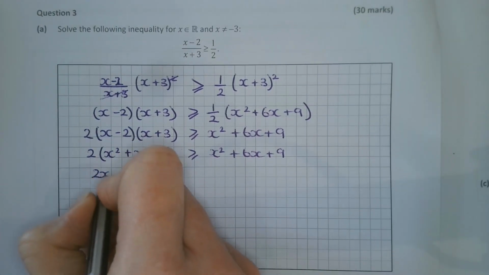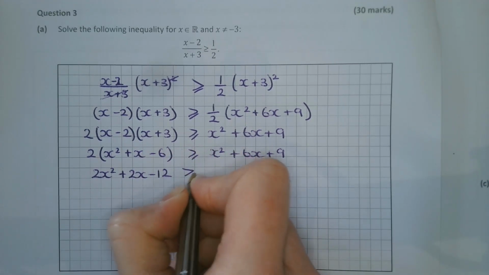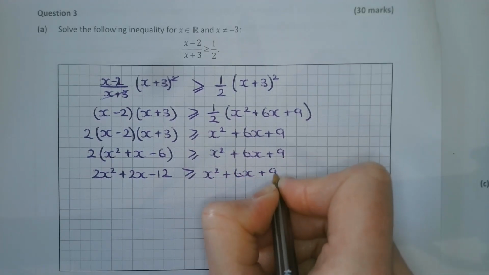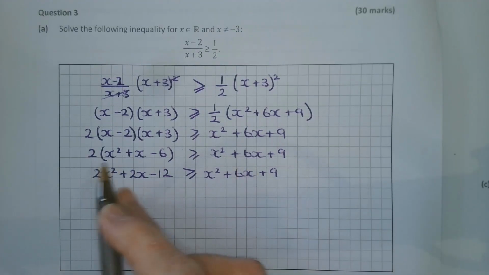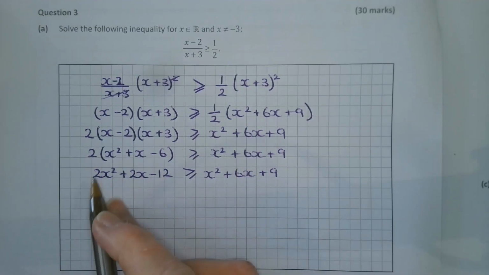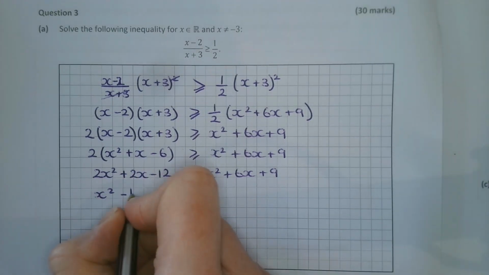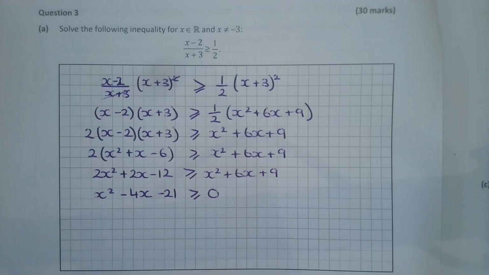And that gives me then 2x squared plus 2x minus 12 greater than or equal to x squared plus 6x plus 9. So we want to solve this, so we need to get everything to the same side. So if I bring everything to the left-hand side, we'll end up with x squared minus 4x minus 21 greater than or equal to 0.